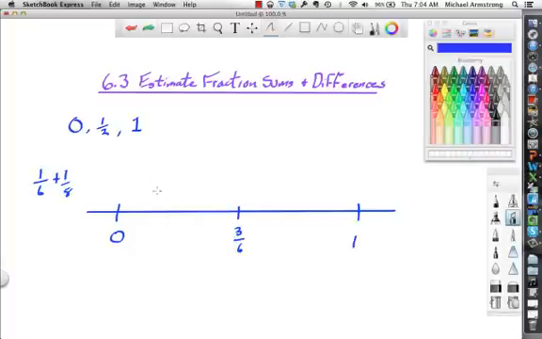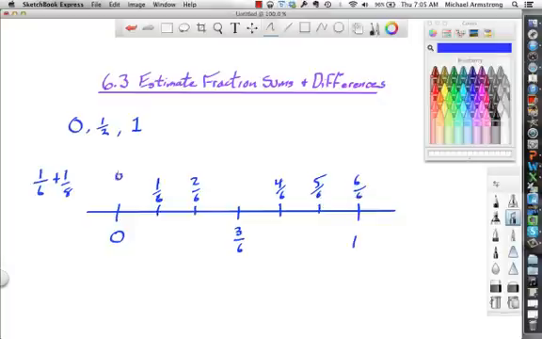So we have 1/6. That's not exactly where it should be. 1/6, 2/6, 3/6, 4, 5, and 1, which is the same as 6/6. So we've got 1/6, 2, and this one I've already listed, 4, 5, and don't forget 1 is the same as 6/6.